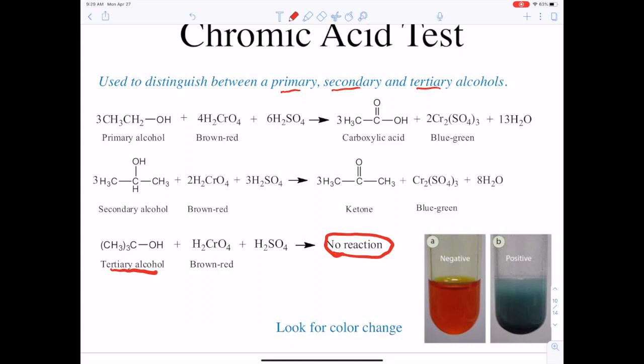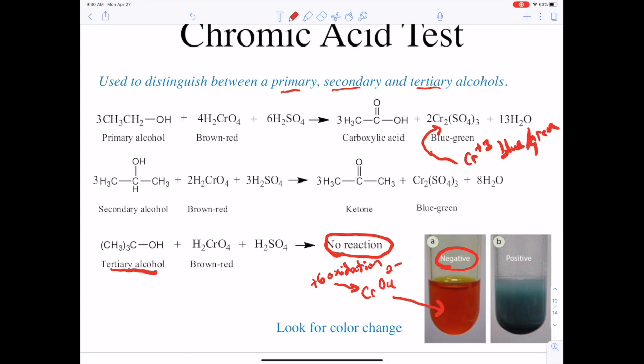A negative test is orange. That is the chromium in solution. This is a +6 oxidation state. In the product of this reaction, chromium is +3, and that's a blue-green color.